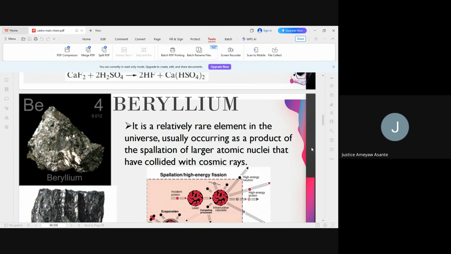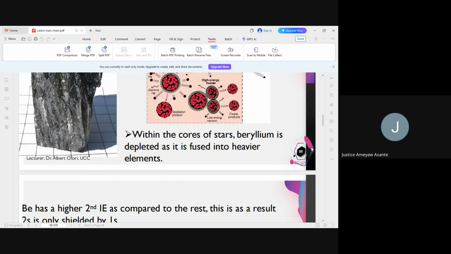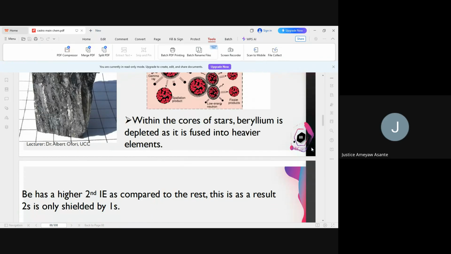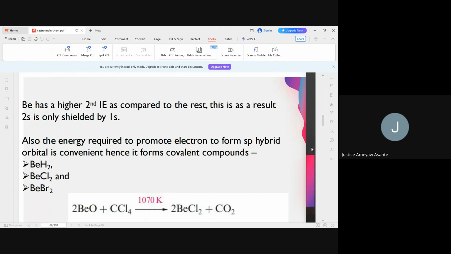Beryllium is a relatively rare element in the universe, usually occurring as a product of larger atomic nuclei that have collided with cosmic rays. Now, we now know the electron affinity, electronegativity, ionization energy, and so forth.